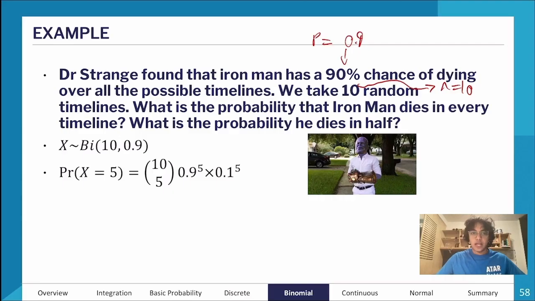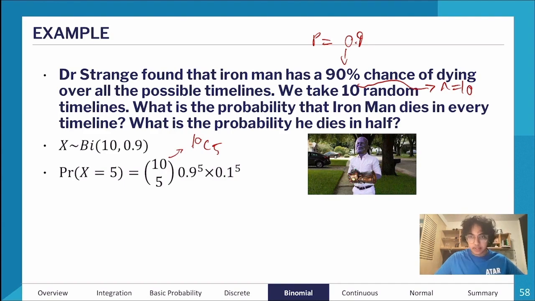So let's say we want to work out the probability he dies in half of the 10 random timelines. Again, order doesn't matter here. It doesn't matter in which order of timelines checked he dies. What matters is that out of the 10 times, it happens 5 times. Or, he dies in half, right? That's what we're working out first. So X is equal to 5 out of 10, that's half. This is just 10 choose 5, right?